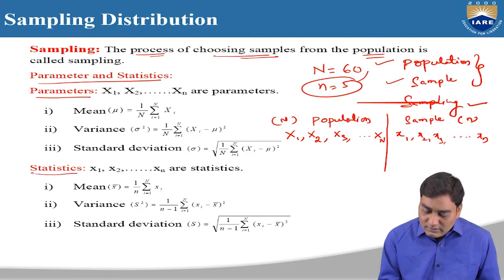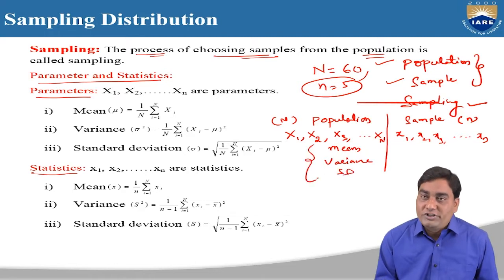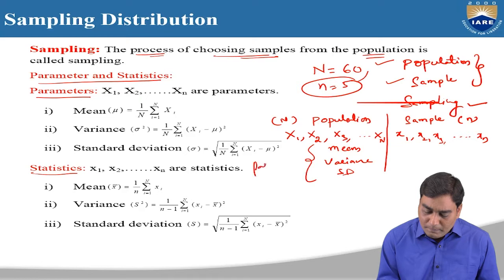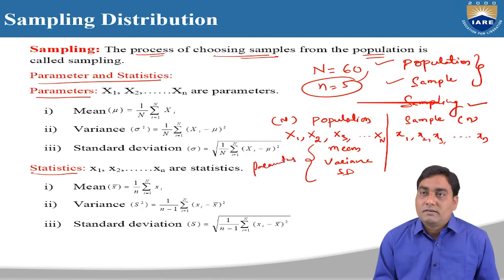The mean, variance and SD of population we call parameters. Similarly, the same concepts, mean, variance and SD of sample, we call statistics.